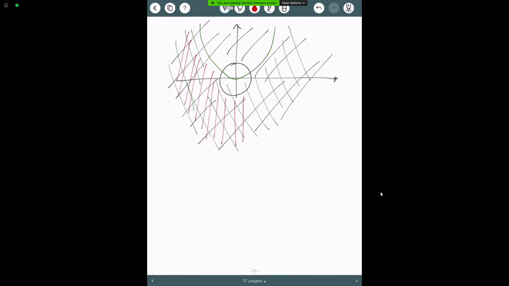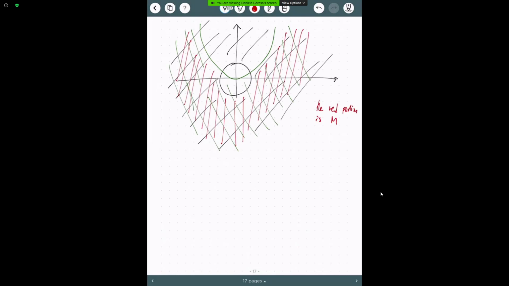Notice that I am outside the circle, so the red portion is M. It's a little bit messy, this.